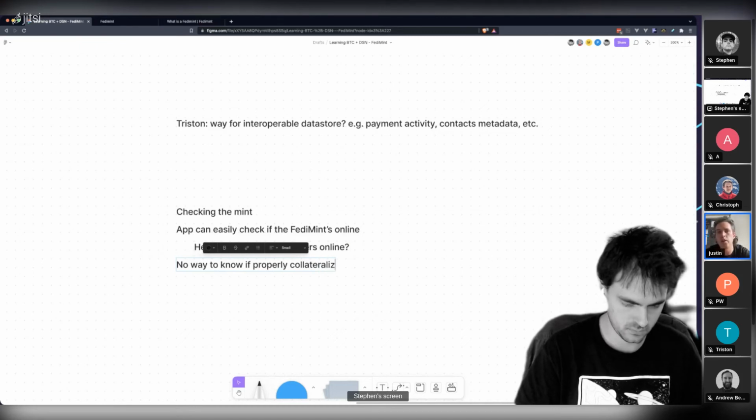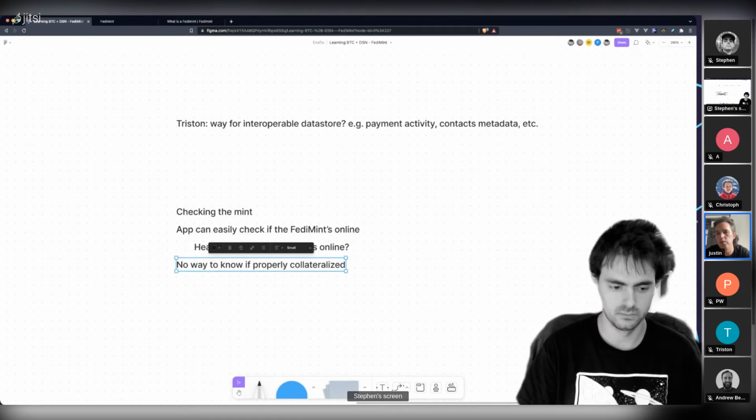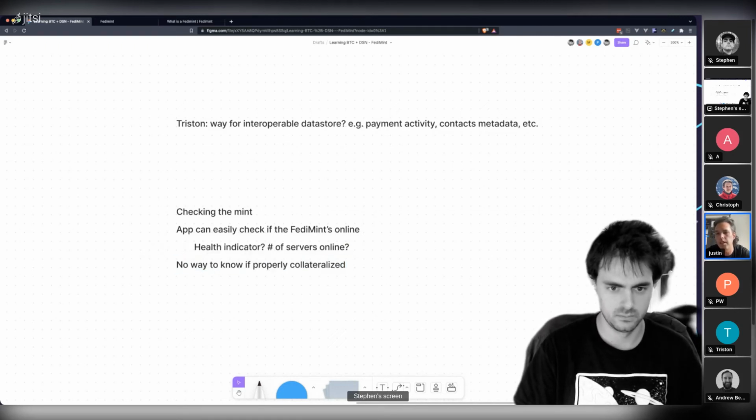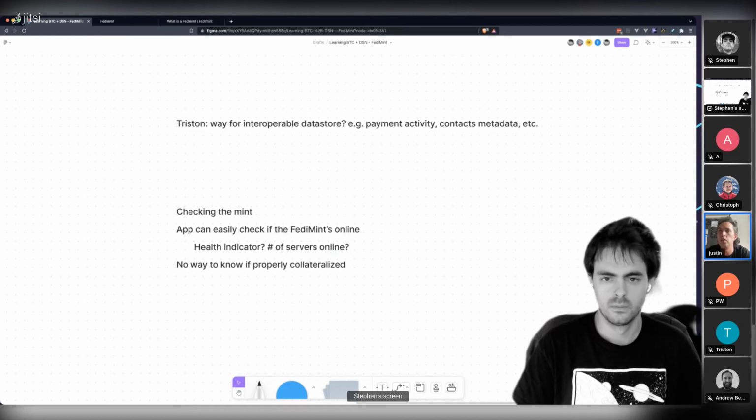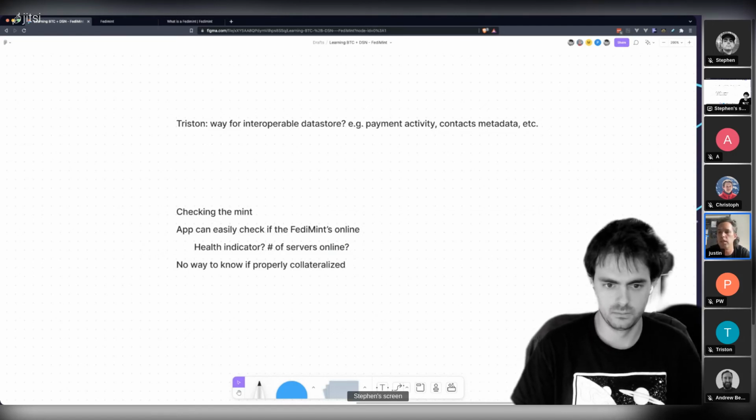But you could have something that looks like federation servers, but some malicious person modified the code to print tokens out of thin air, for example. And so that's a fundamental problem: there's no way to prove that a mint is properly collateralized, because you can't see the liabilities, because that's where the privacy comes from.